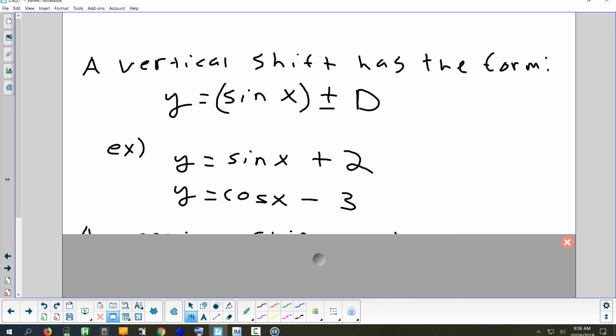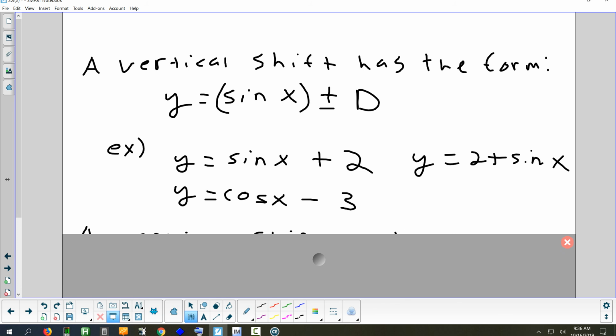Okay, so now you know how to identify a vertical shift. The operation is adding or subtracting. Where is it? It is outside the parentheses. So technically you could do something like this. That's exactly the same as the one on the left. Right, what I basically did there is I used the commutative property.